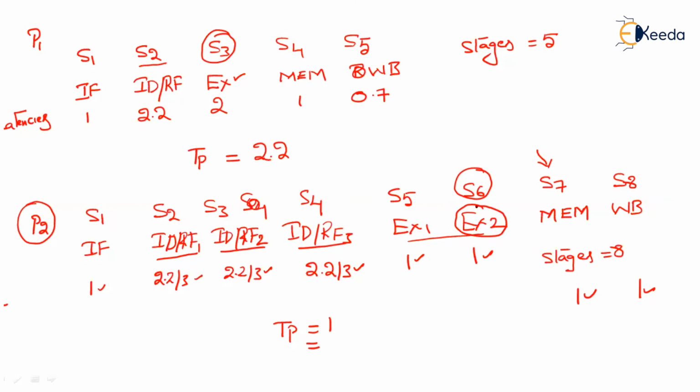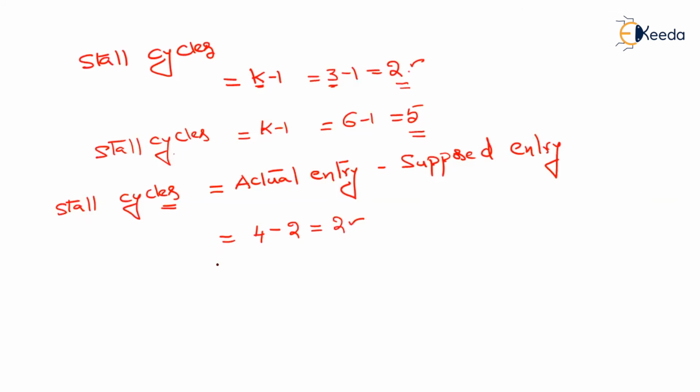So that means the actual entry for P2 is equal to 7, but the supposed entry is equal to 2. 7 minus 2 is equal to 5. As both are the same, of course, the stall cycles can be computed in either manner.